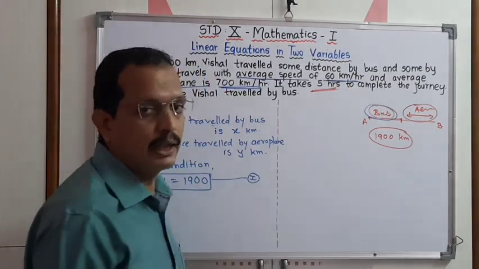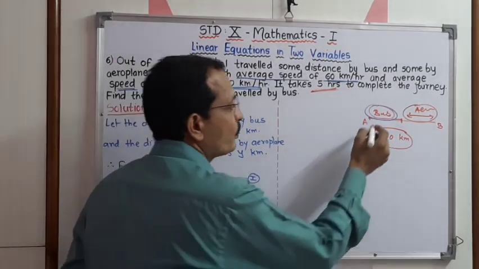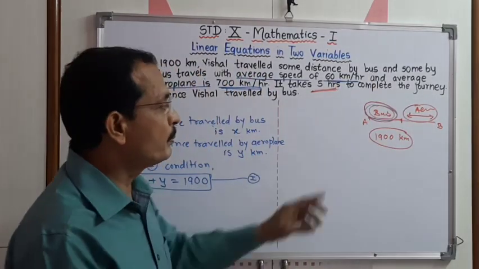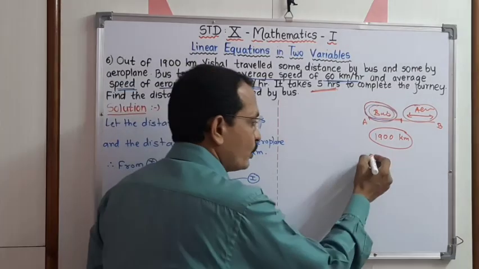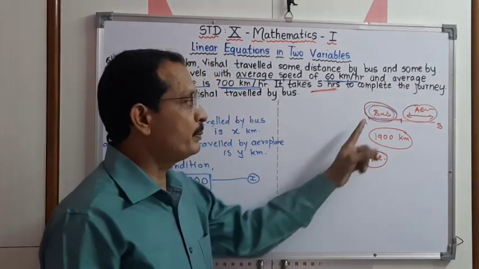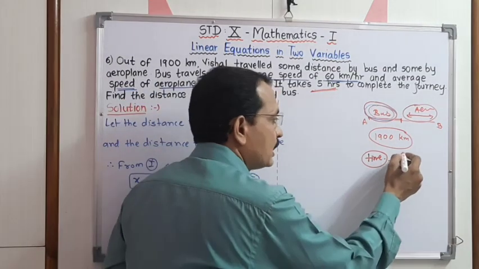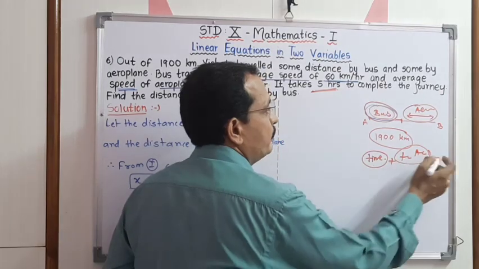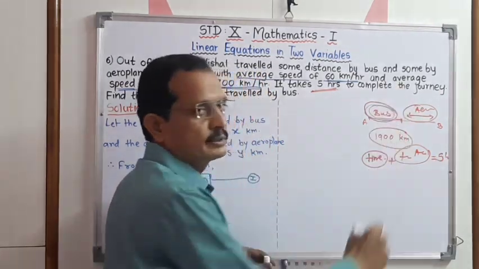To travel both the distances, he takes how many hours? 5 hours. That means we have to find the time taken by bus plus the time taken by aeroplane, and that total time is equal to 5 hours.